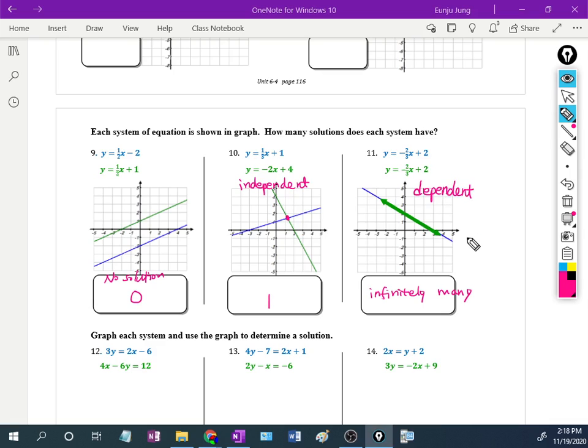Dependent system, okay? And there is a terminology for no solution. And no solution, we say inconsistent. So what is the meaning of consistent then? Consistent means there is a solution. So in 2 cases all together, where there is a solution, that's called a consistent system.